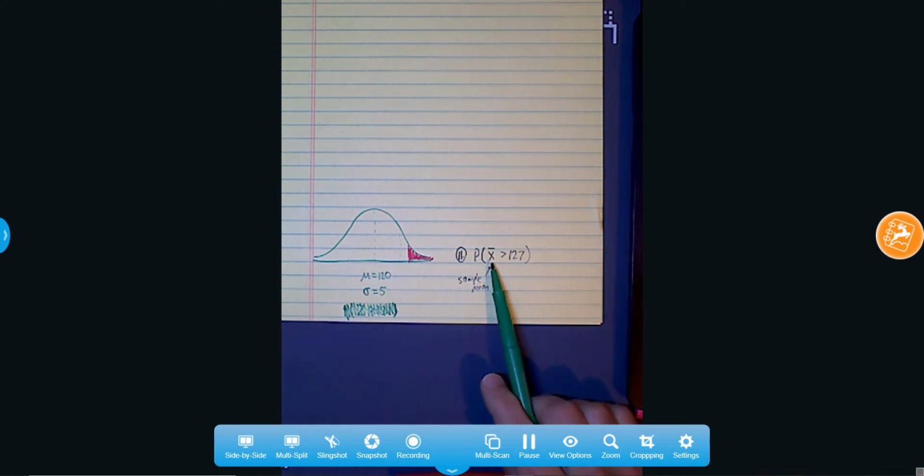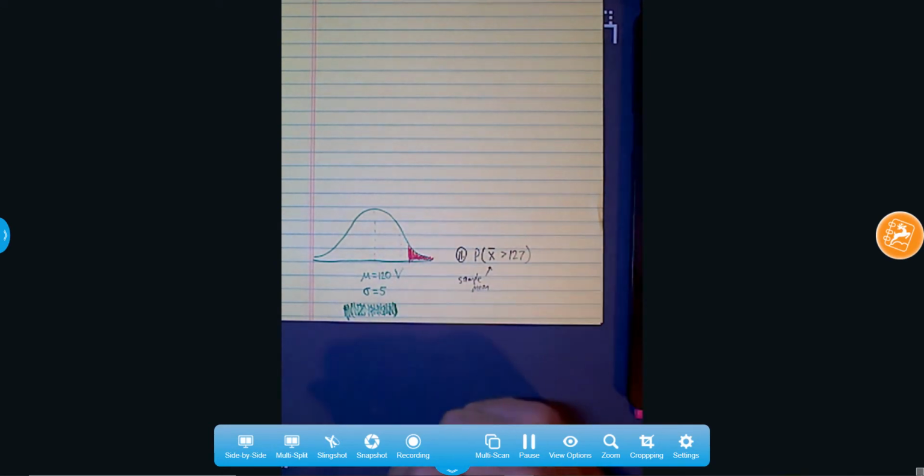So I'm going to let x bar be the average of these 4 measurements that I took. I was thinking about this problem and I said, well, what might this represent? Suppose this is 120 volts, like when you plug into an electric outlet in your home, those are usually 120 volts. But when they tell me it's 120 volts, is it always exactly 120 volts, or is that some kind of an average?